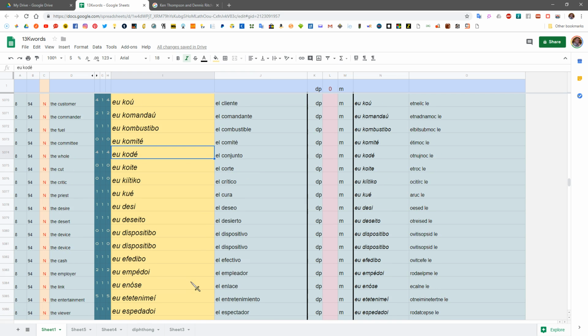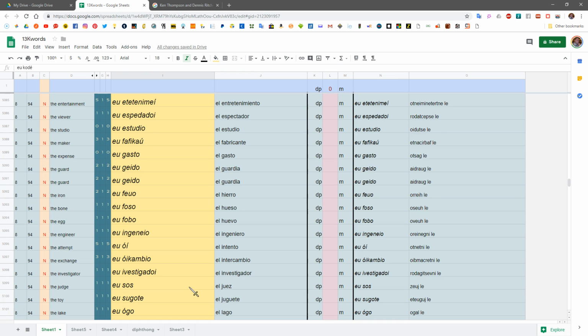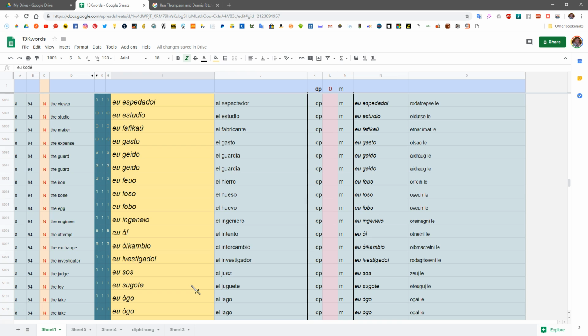That's almost the same thing, except for the K, of course. Gaido. I don't like it. No, that's not bad. Ufobo, okay. Fosso for iron. Feu for iron, and it starts with F. Fosso for bone. Hueso is fosso.